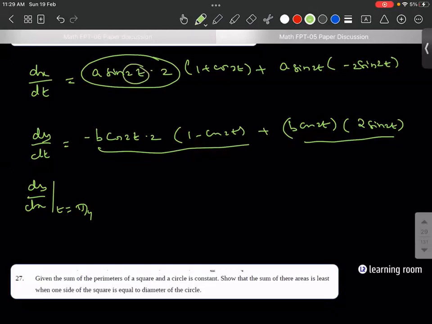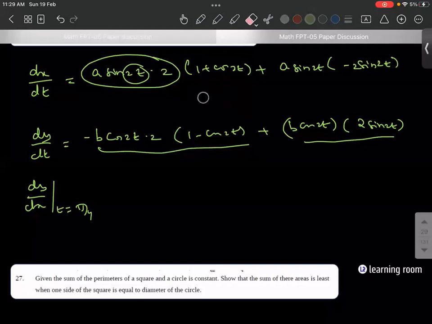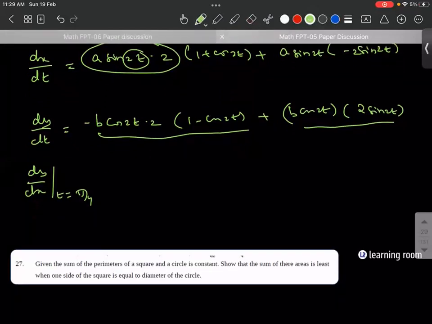So on substituting pi by 4 you will get 2a, so 2a minus 2, so it's not coming there. Cannot directly substitute. Okay, 2a minus 2a is not working. Now that will be in the denominator.